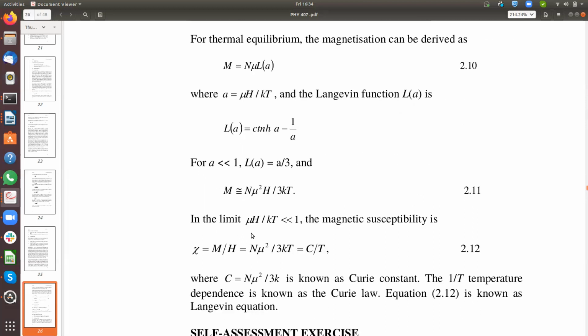So in the limit mu H divided by kT, which is the thermal state, far less than 1, the magnetic susceptibility is this, where C is known as the Curie constant. So the 1 over T temperature dependence is known as the Curie law. So equation 12.2 is known as the Langevin equation.